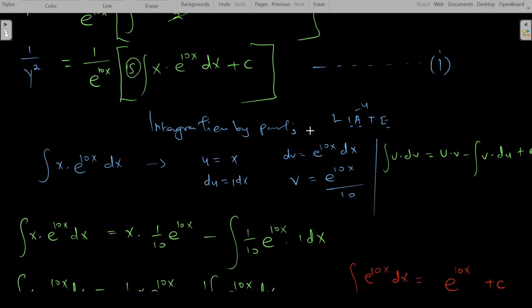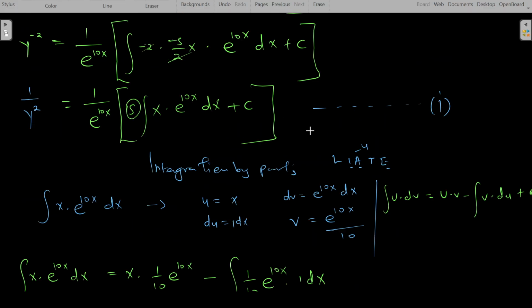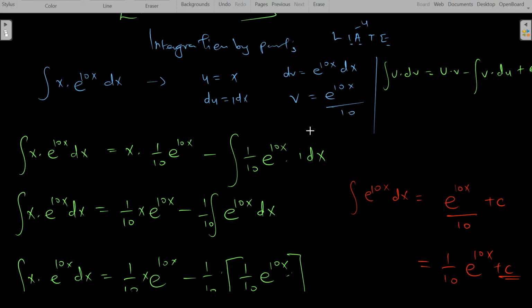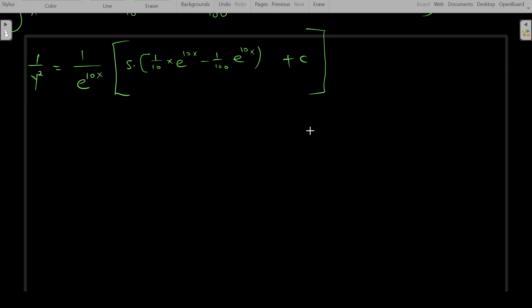Let's see, maybe we have forgotten something. Simply no. So let's continue our simplification. 1 over y squared should give me, I can take this to be a negative, so I can say e raised to negative 10x, and I'll multiply that whole thing. So let's clean this a bit.